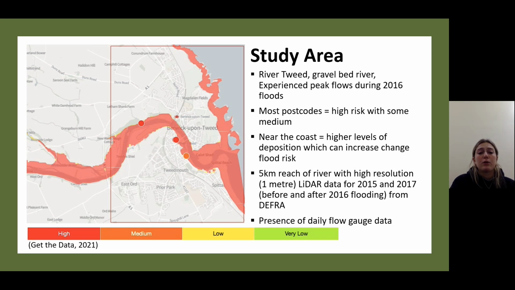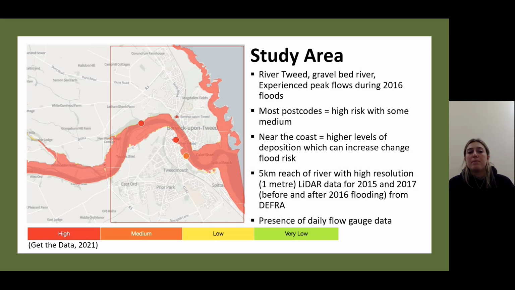But this region was also of particular interest because the 5 kilometre reach near the coast has high resolution 1 metre LiDAR data for 2015 and 2017, which is unusual to find such high resolution LiDAR data so close together.